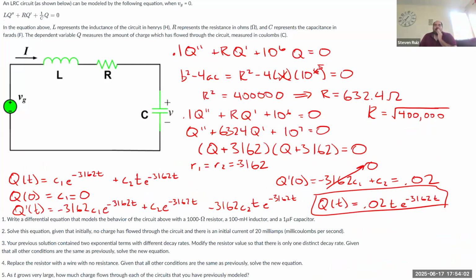What about this one here? As t gets very big here, this one's not quite as obvious. So I'm going to rewrite this as Q of t equals 0.02t over e to the 3162t. Now, if I look at this, as t gets bigger, both numerator and denominator are going to go towards infinity.